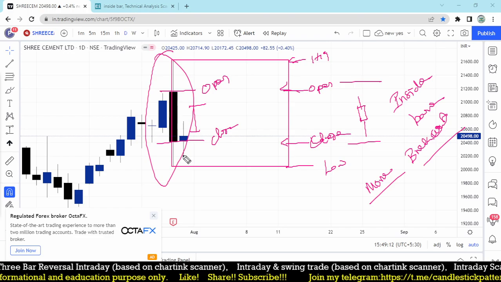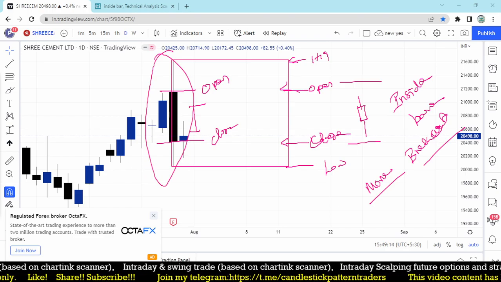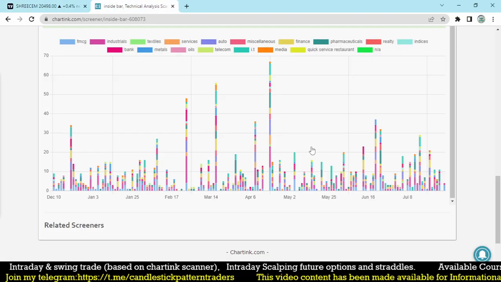So we are going to filter for that bigger opportunity.